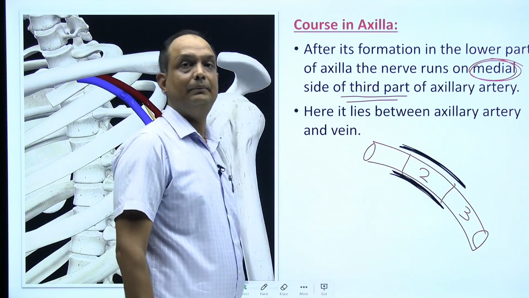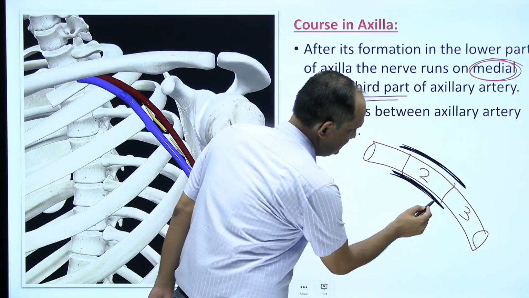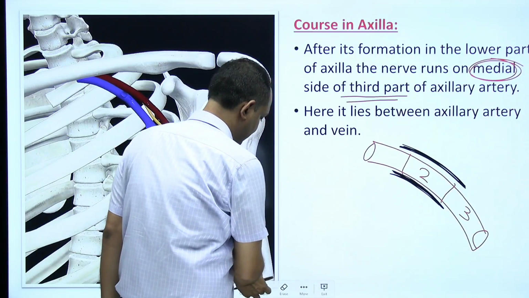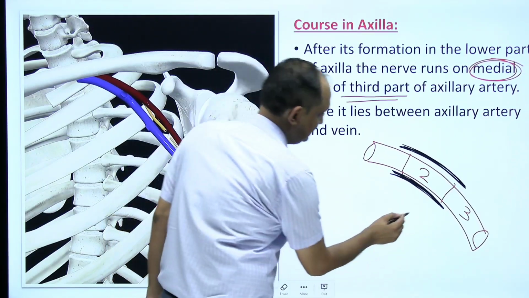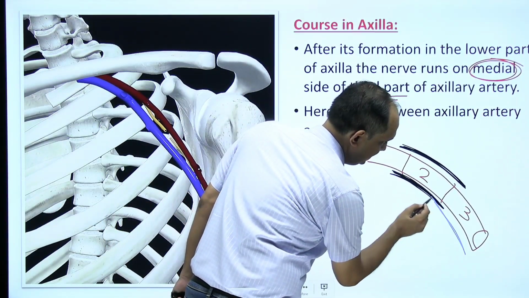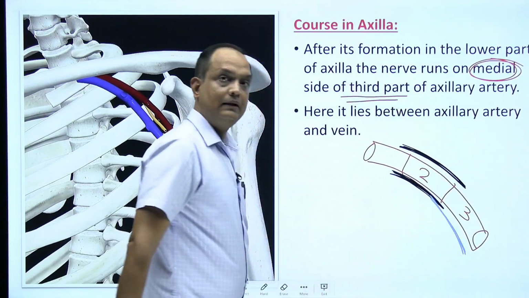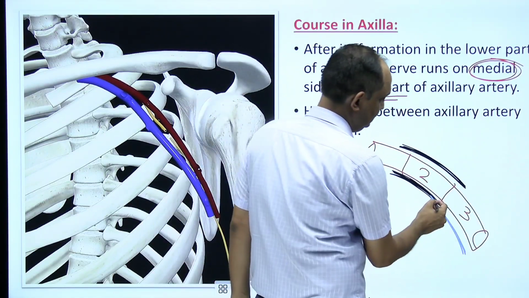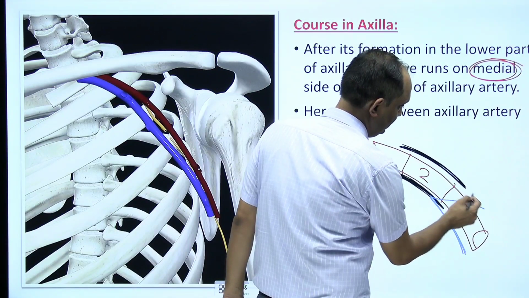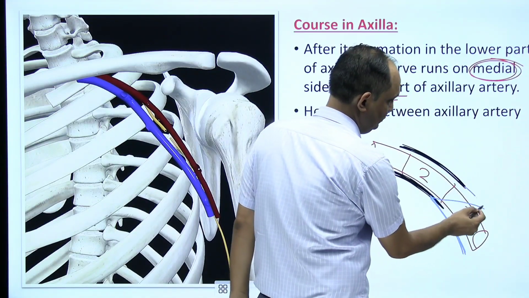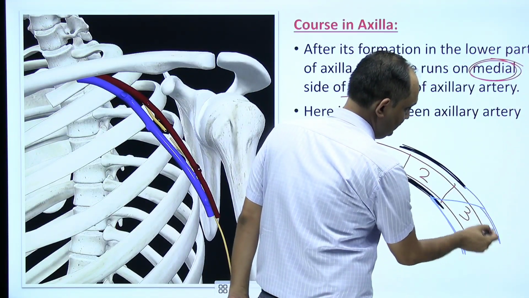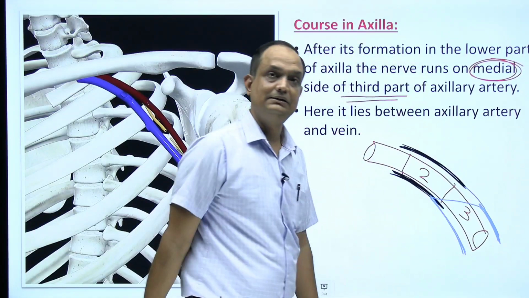Now, the ulnar nerve is arising from the medial cord, and this ulnar nerve remains medial. Clear? While you have the medial root of median nerve and lateral root of median nerve, so the median nerve forms on the lateral side.